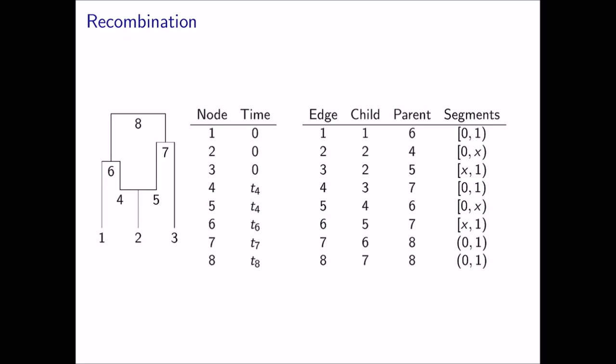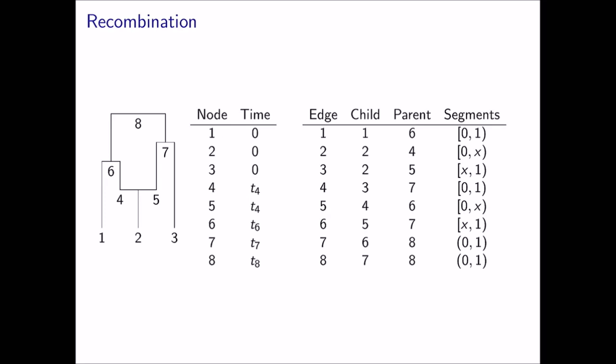So any edge on which the full segment 0, 1 is covered contains no recombination. But over here I have a breakpoint x. Everything to the left of x goes to 4. Everything to the right of x goes to 5. And that material gets tracked further back along those edges.